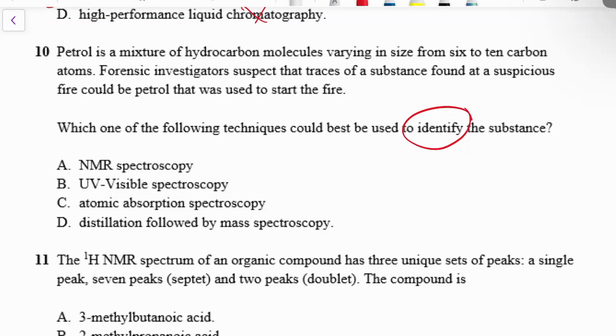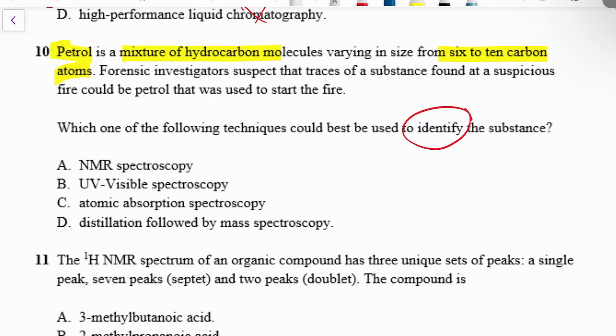Petrol is a mixture of hydrocarbons, which means no oxygens, that only differ by their number of carbons. It's possible that some are branched and some are unbranched, so you could get unique signals, but in most hydrocarbons you see a bunch of CH3s and a bunch of CH2s.